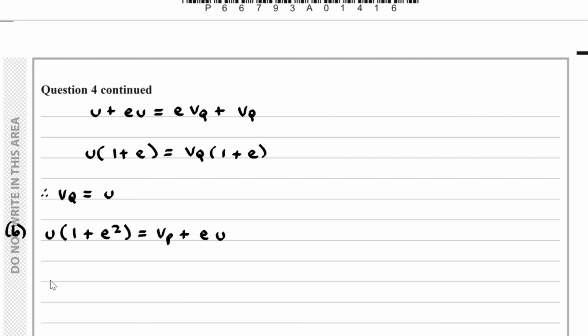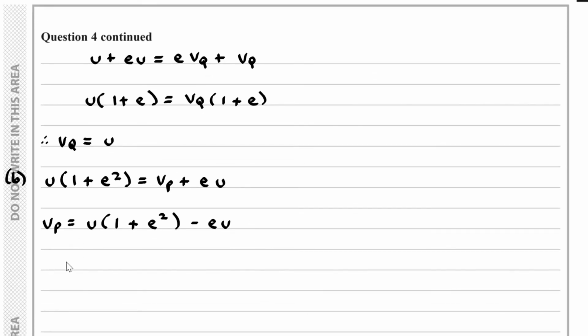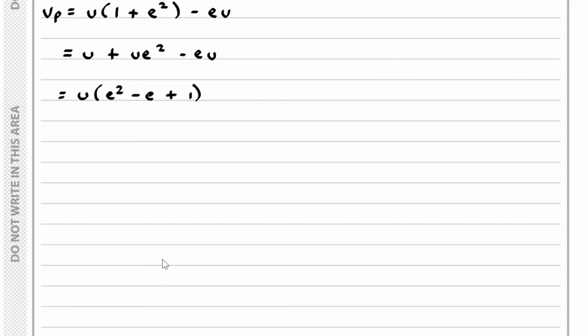So I've got vp equaling u lots of 1 plus e squared minus eu. I've got u plus u e squared minus eu, and if I factorise out a u, I've got u lots of e squared minus e plus 1, and I need to show that this is greater than 0.